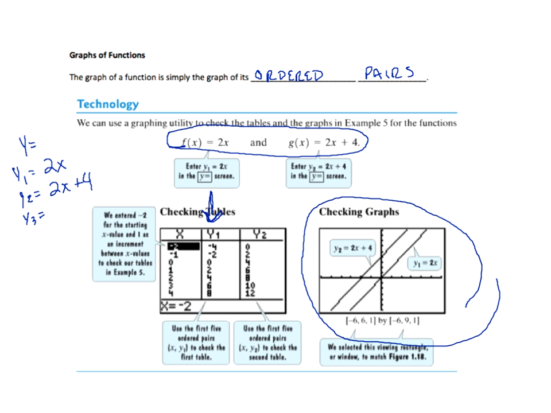Let's say that when I put in -1, so I'm looking at the second row here, let's say when I put -1 into the functions that I got -2 and -2 out, that I got the same y values out for each of the different functions. That would indicate that this is where the functions cross.